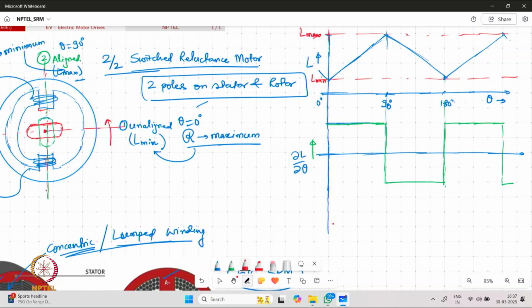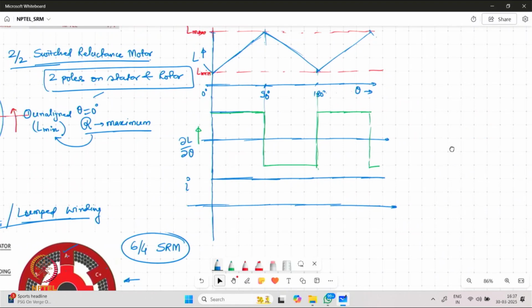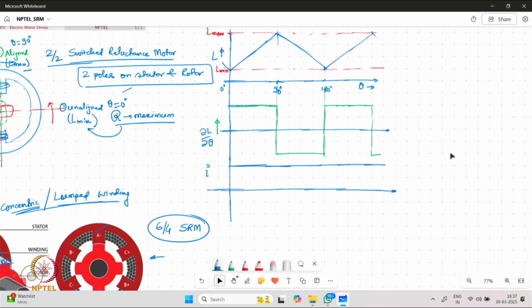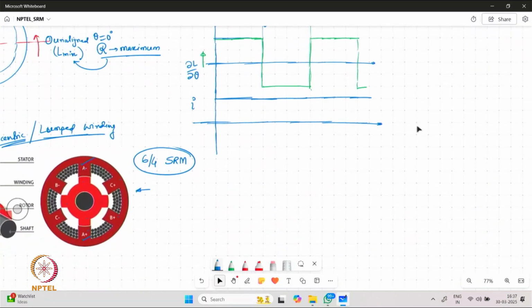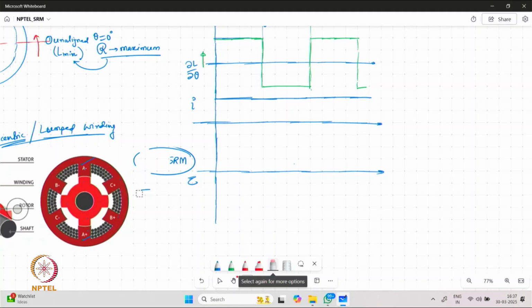Now, if current excitation is provided in the coil in such a manner that current is, say, uniformly applied for all the different positions of theta, what we are going to find is that the torque developed in the system is going to be pulsating up and down based on the value of dL by d theta.